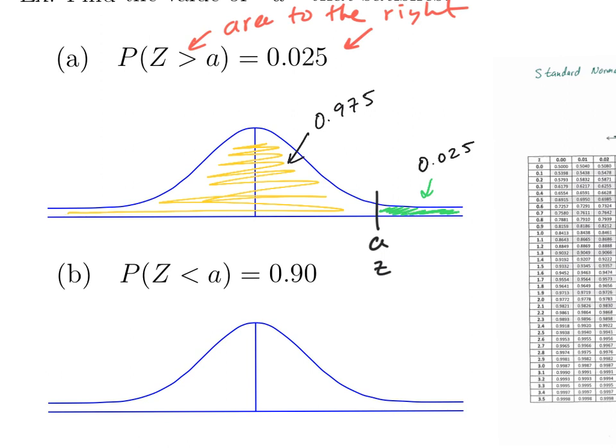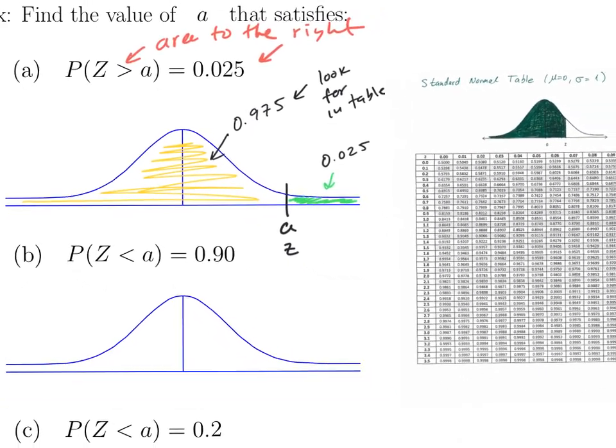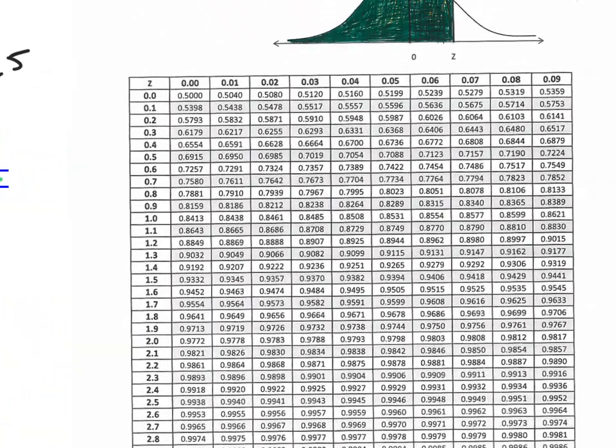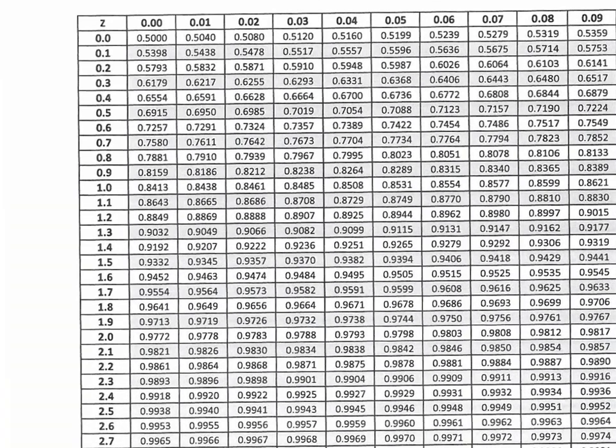So then, this is the one you have to look for in the table. And this is what I mean by look for. So you're going to go to the table and look for the closest thing to 0.975. Sometimes the value is not there, so you have to find whatever is the closest. In this case, it is.